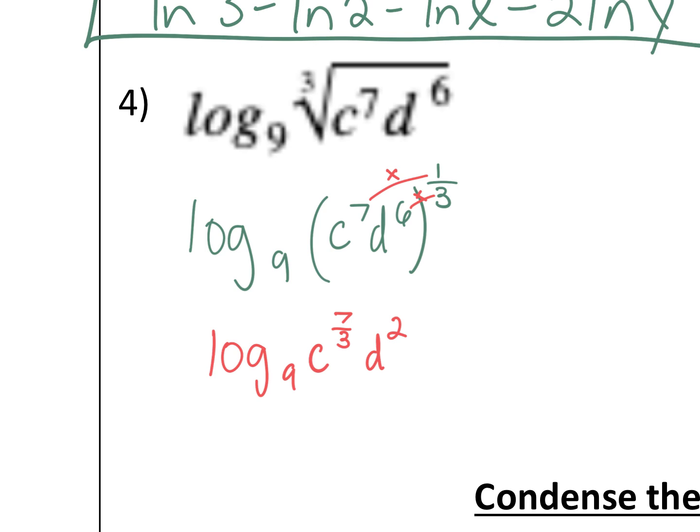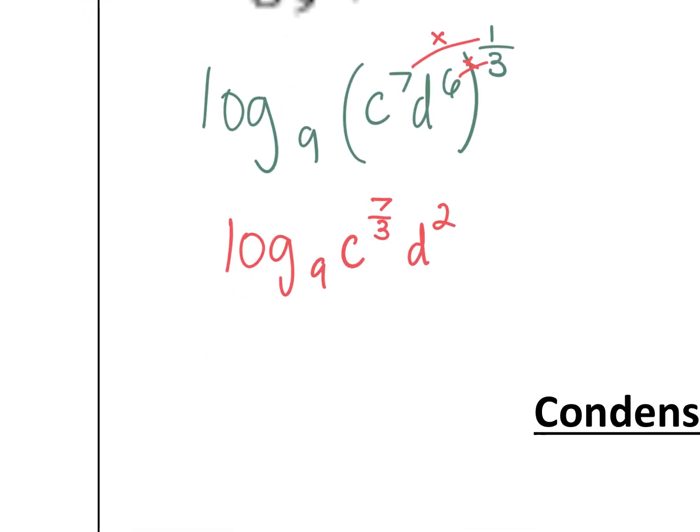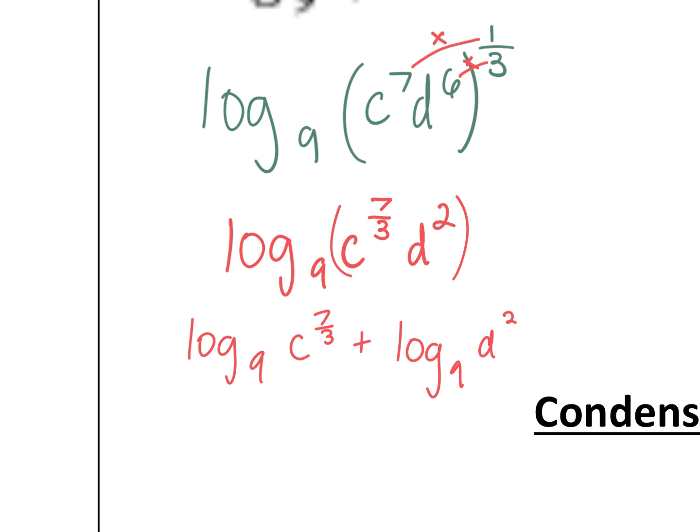From there, I'm going to give you about a minute. Expand that. That one should be really easy now that we just got the hard part out of the way. Okay, what'd you do first? What's happening here? The c and d are multiplying. Yeah, which means what? Separate them with addition. So we should have done log base 9 of c to the 7/3 plus log base 9 of d squared.